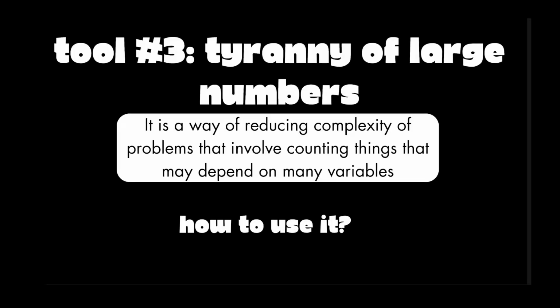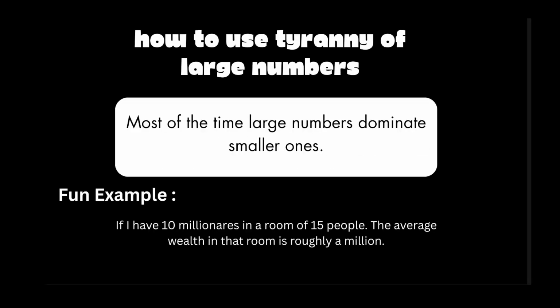The third tool is the tyranny of large numbers. This is largely unheard of, but it's basically when huge numbers dominate and the smaller details don't really matter. And it's mainly used to reduce complexity in problems that involve counting many things that depend on many values. It kind of relies on the fact that most of the time larger numbers dominate smaller ones.